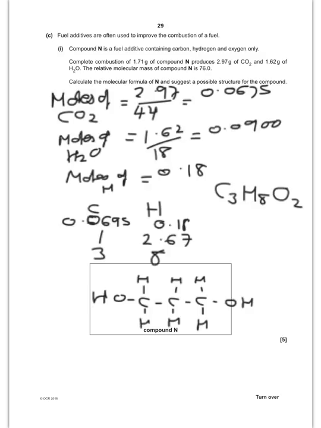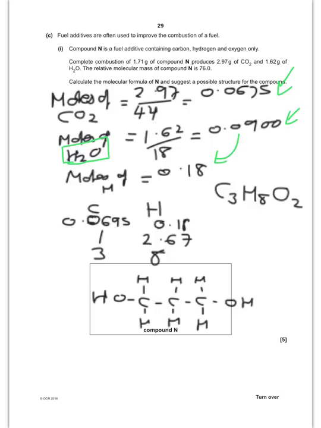So the first thing I could do is work out the moles of carbon dioxide and the moles of water. The moles of carbon dioxide will be the same as the number of moles of carbon that were in the molecule. However, for the moles of water, to find the moles of hydrogen atoms in the molecule, you have to double it to 0.18, because in every one water molecule there are two hydrogen atoms.